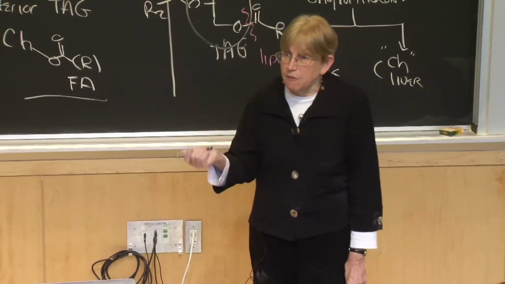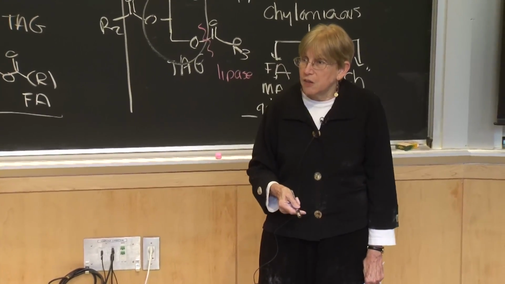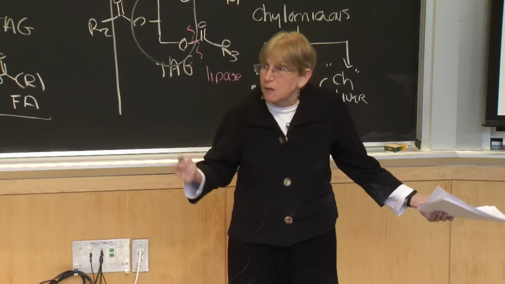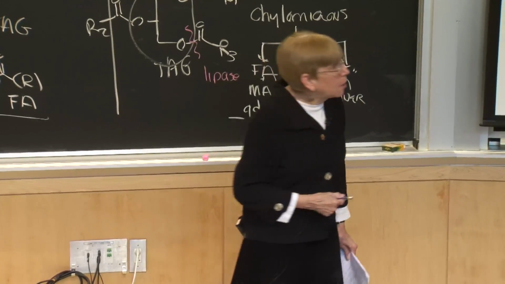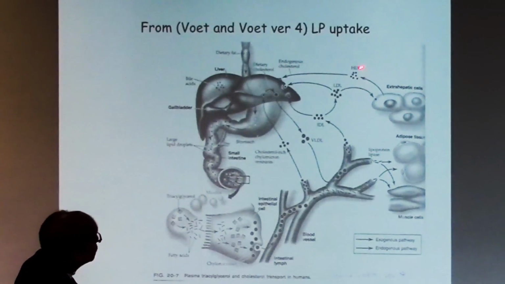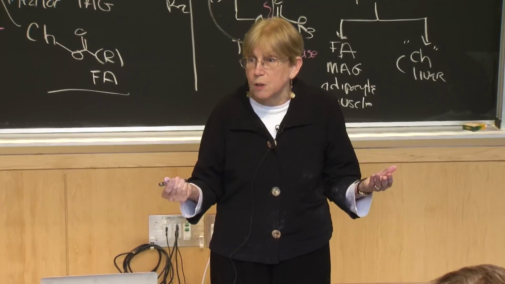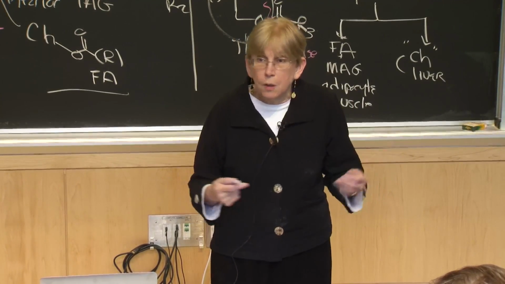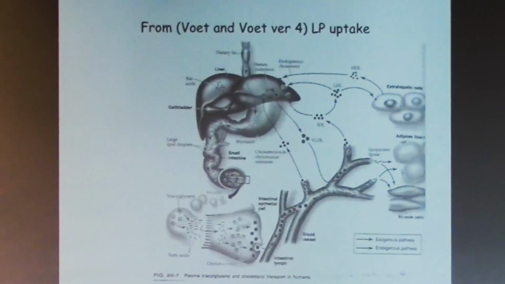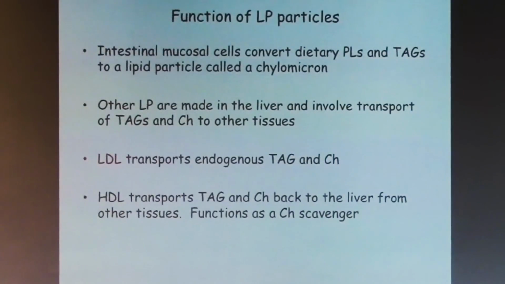It sort of scavenges excess cholesterol from these extrahepatic cells and returns it to the liver, okay? But unlike the receptor-mediated endocytosis we're going to talk about with the LDL receptor, this receptor is completely distinct. I'm not going to talk about it, but the mechanism is distinct from these other receptors that people have also studied in some detail. Okay.